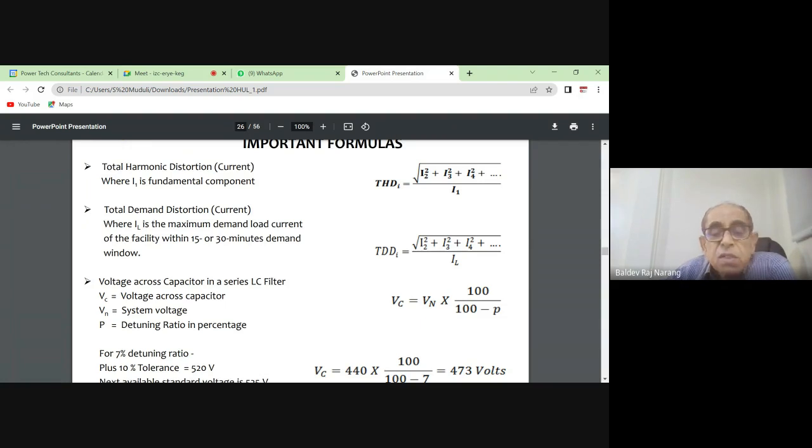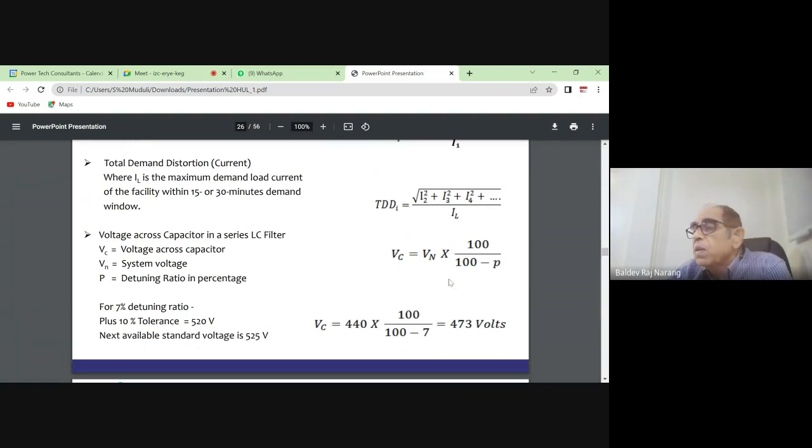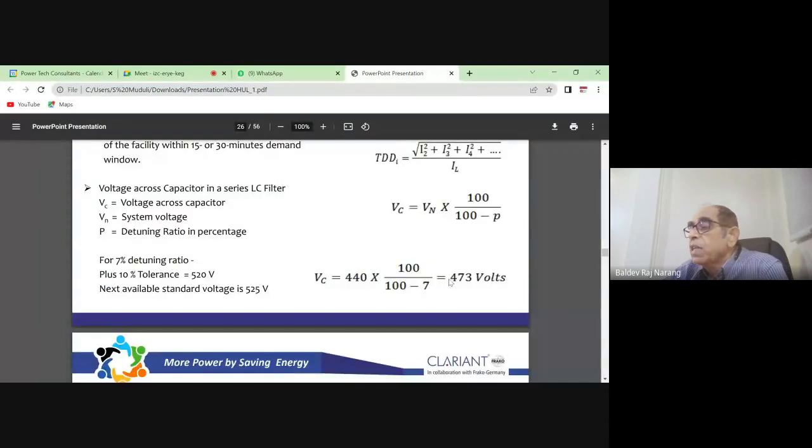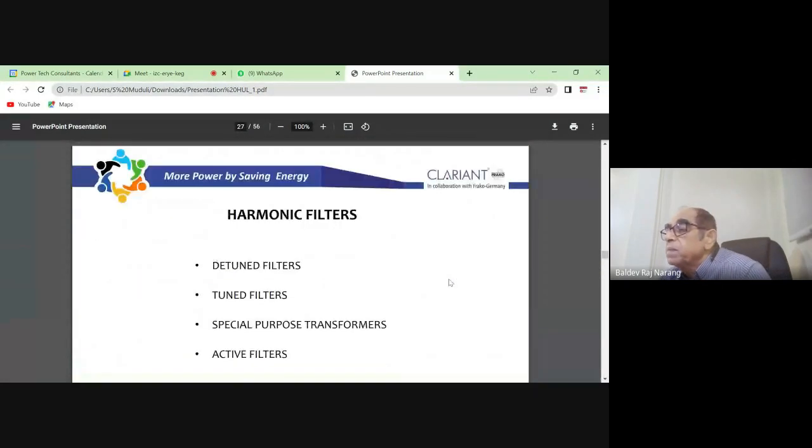So this is what Singla Saab initially told about the filters and all. We have two methods: one is passive, one is active, a static system.